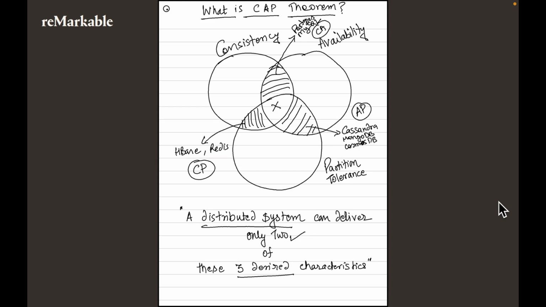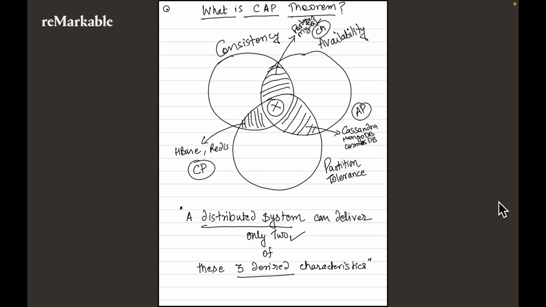Out of consistency, availability, and partition tolerance, you cannot have all three in one system. You have to sacrifice one based on your requirements and what system you are going to build. You can just pick two characteristics out of these three.